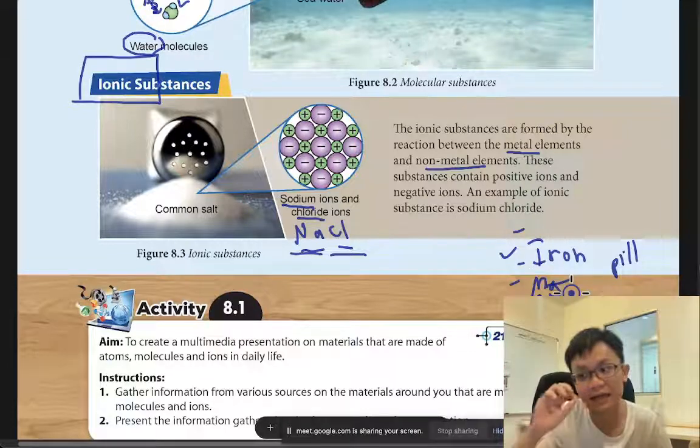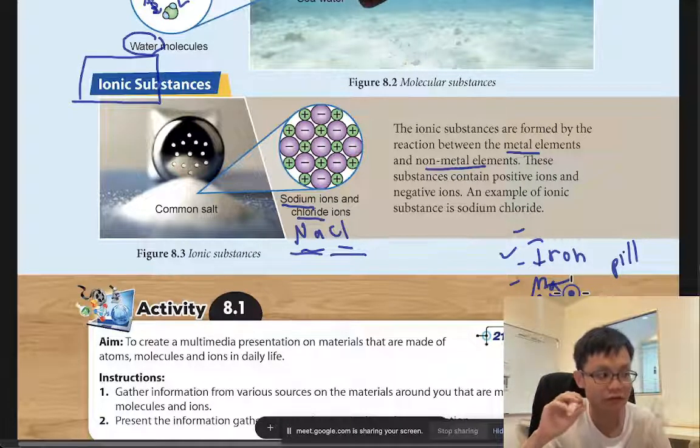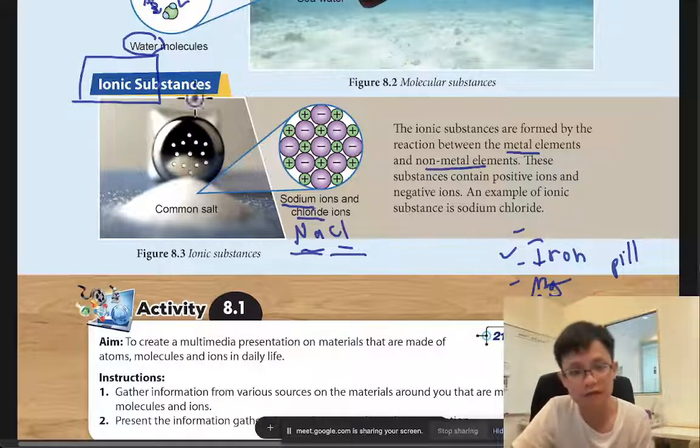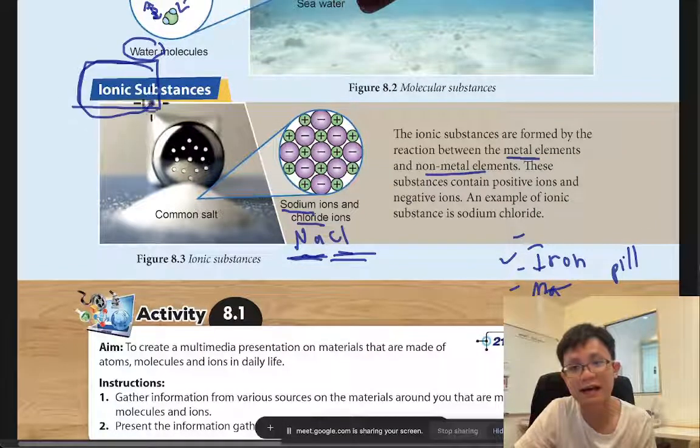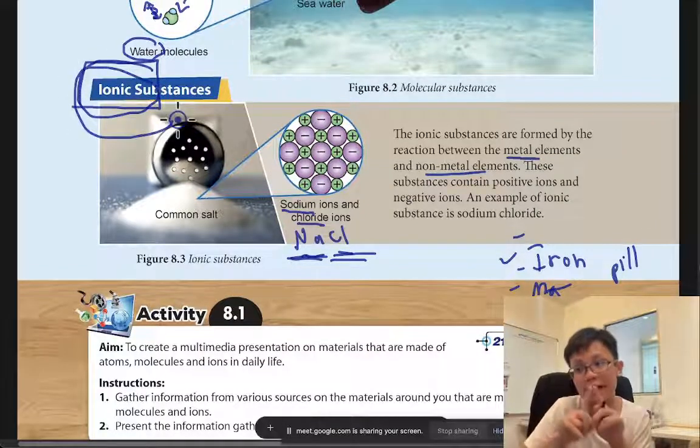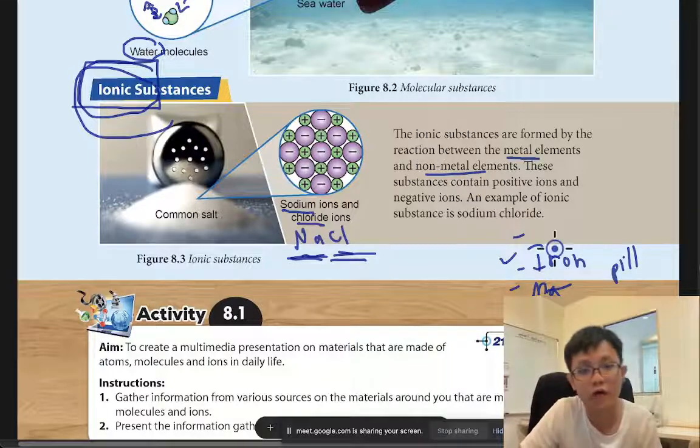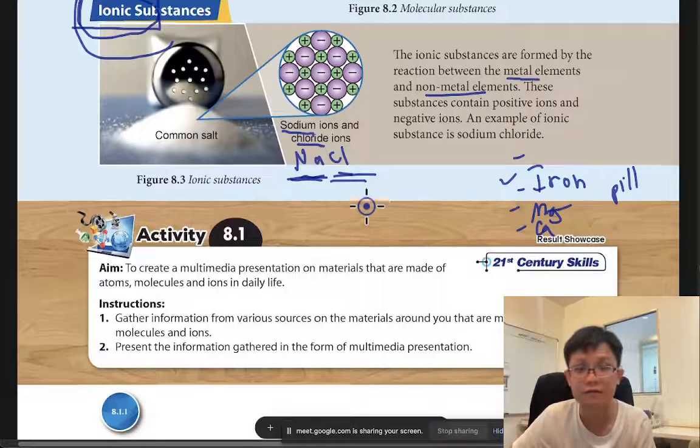We have little bit iron, we have little bit more calcium, we have little bit phosphorus and so on. So yes, common salt is sodium chloride. So I say this ionic bond because they combine together already. Later we will learn why they combine together.